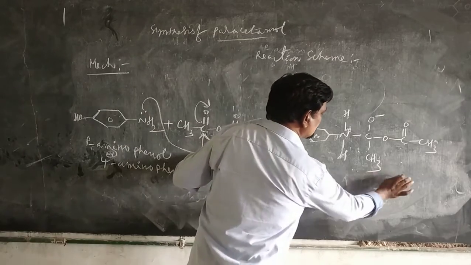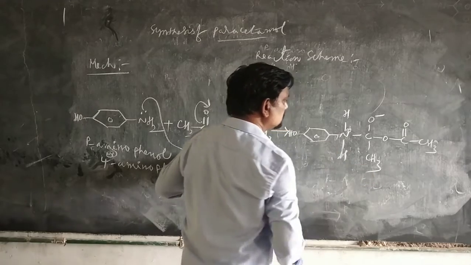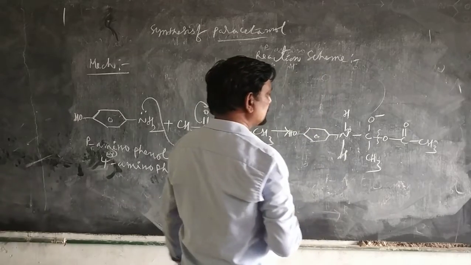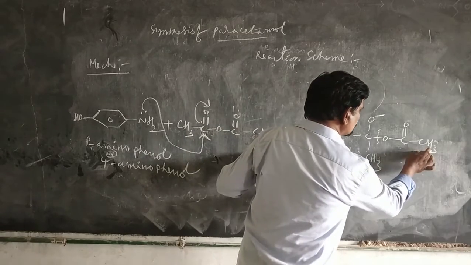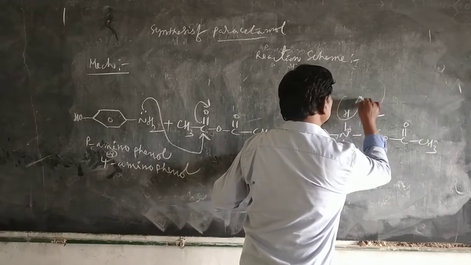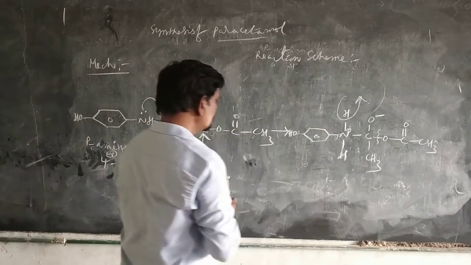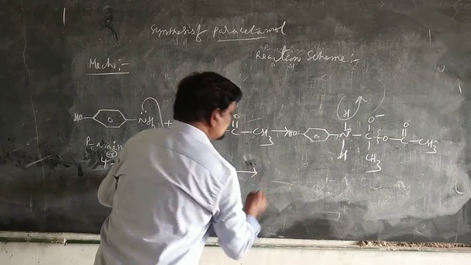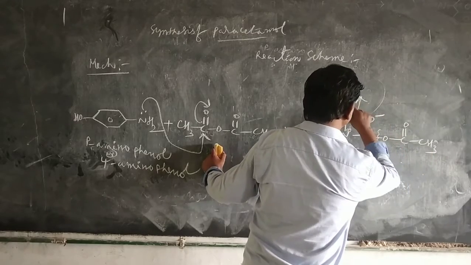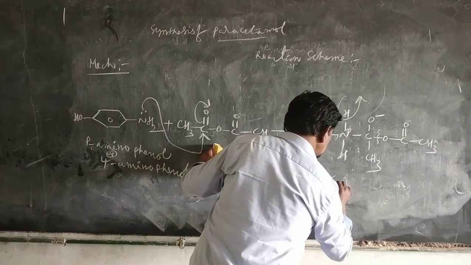This is an unstable intermediate compound, so it breaks the bond. CH3COO minus attracts the proton H plus, so acetic acid is eliminated.